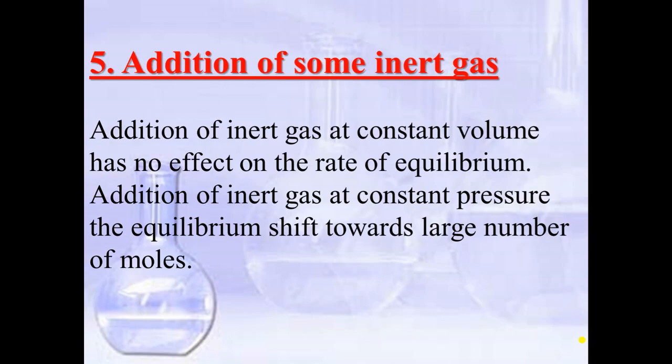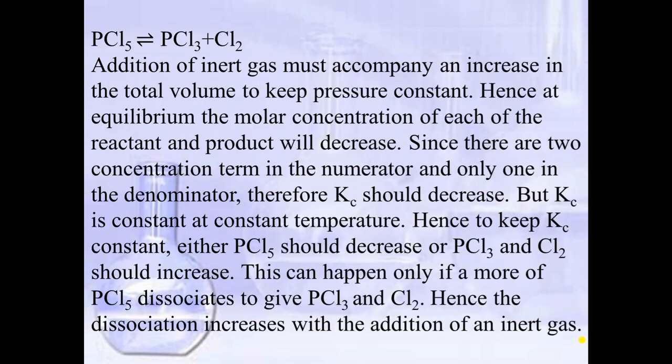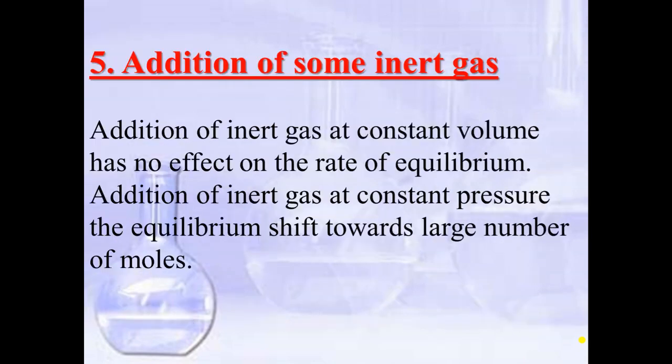That means when we add some non-reactive gas. At constant volume, when we add inert gas, there will be no effect on the equilibrium. But when we keep the pressure constant and we add some inert gas, then to keep the pressure constant, we have to increase the volume.